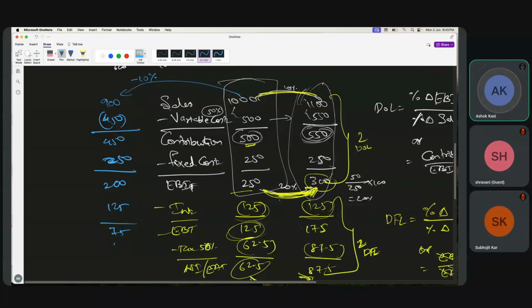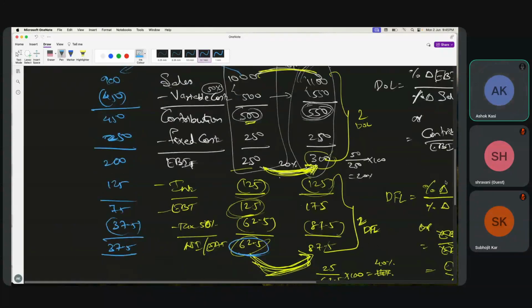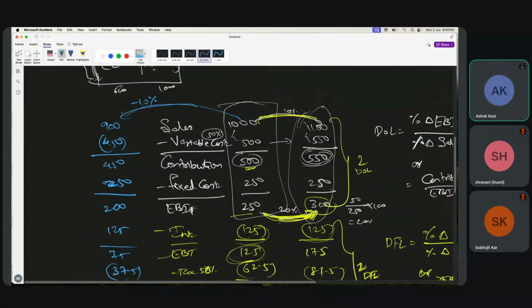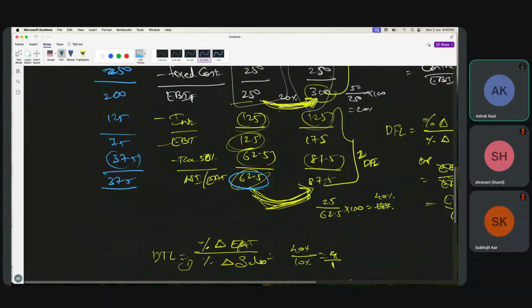Tax you have to pay is half, 37.5. So now your profit has become 37.5 from 62.5. So you will realize that a 10 percent reduction in sales is reducing the net profit by 40 percent. Just check the difference, 37.5 minus 62.5.